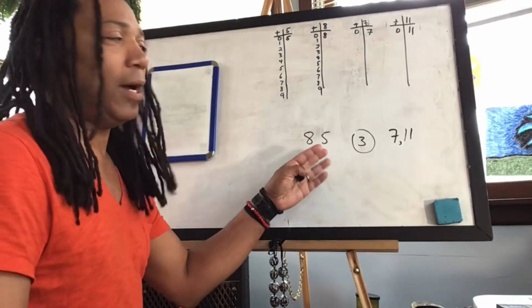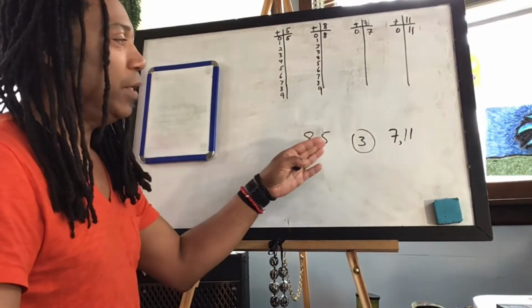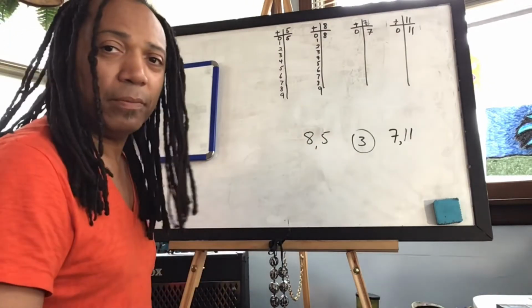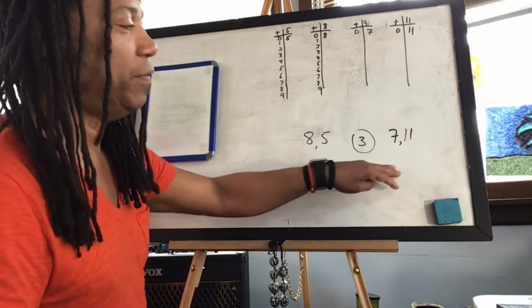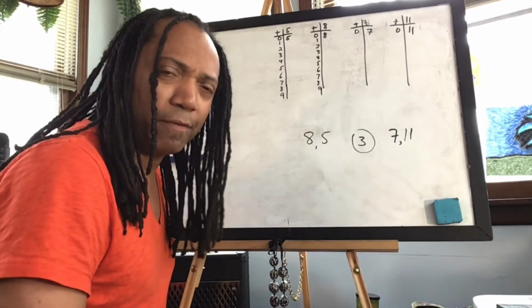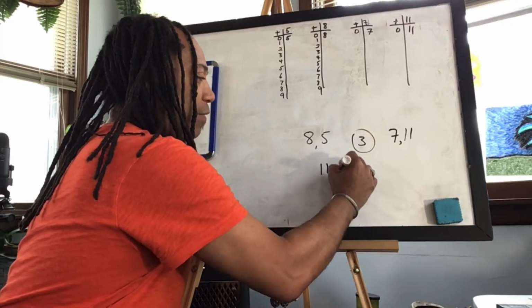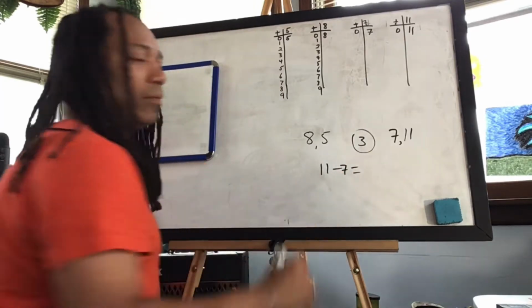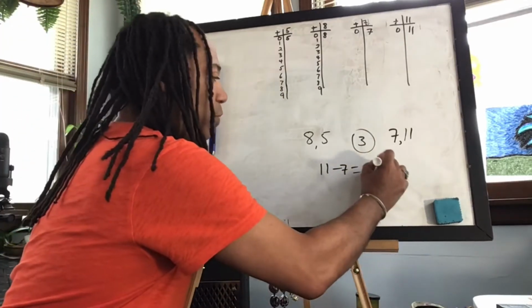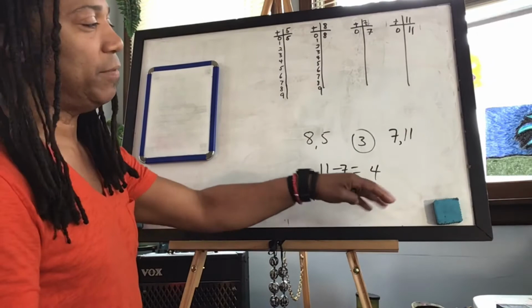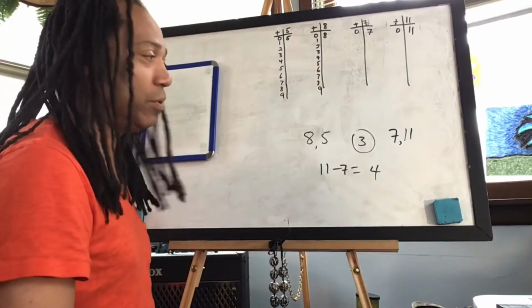Now, I know that the difference between 8 and 5 is 3. But 7 and 11, I don't think I can figure out a way to make that happen. Because if I take 7 from 11, I end up with 4. And I don't have any more numbers left. I just had to choose from these two.